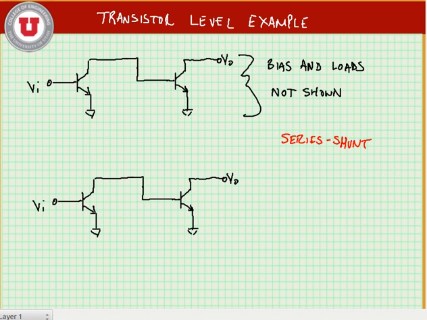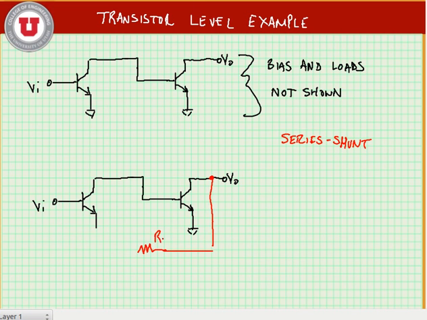To add that feedback, we're going to take some of the signal from the output and feed it back to the input. And we're going to do it with a voltage division.